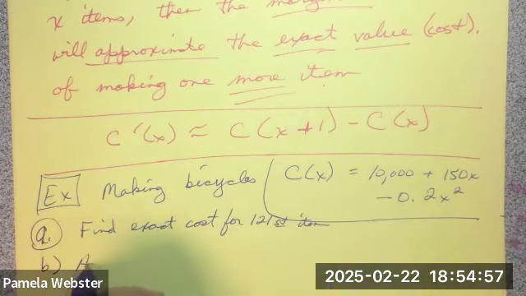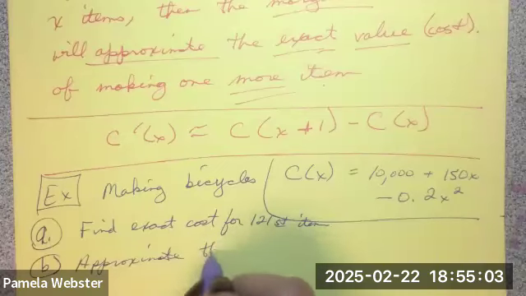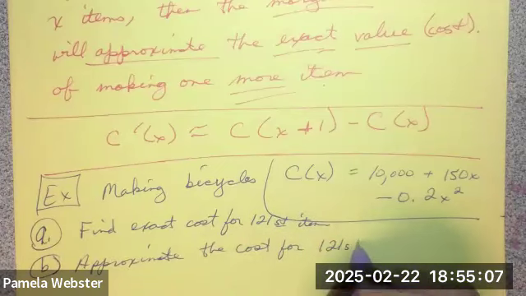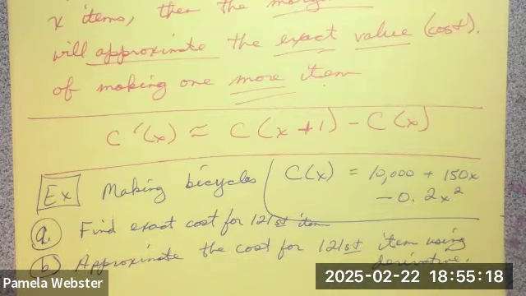And B says approximate the cost for creating the 121st item using the derivative. Okay. So go ahead and pause the video. I'm going to pause as well. I'm going to work it out. We'll see if we get the same stuff. So unpause it when you're ready.